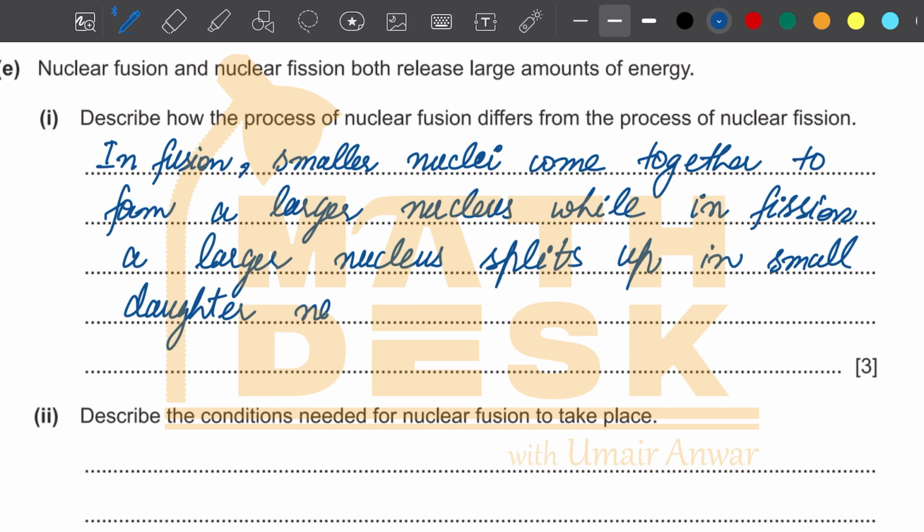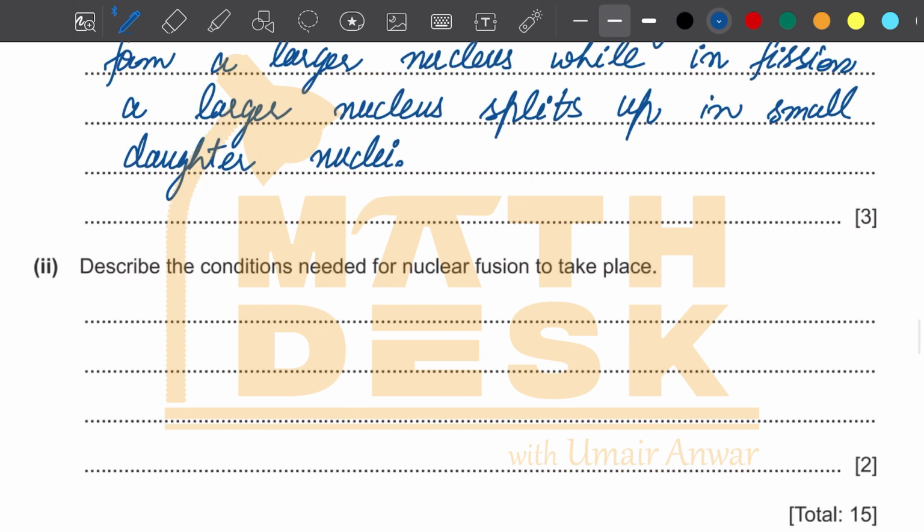So this is the main difference between the two processes, and this should earn 3 marks to us.